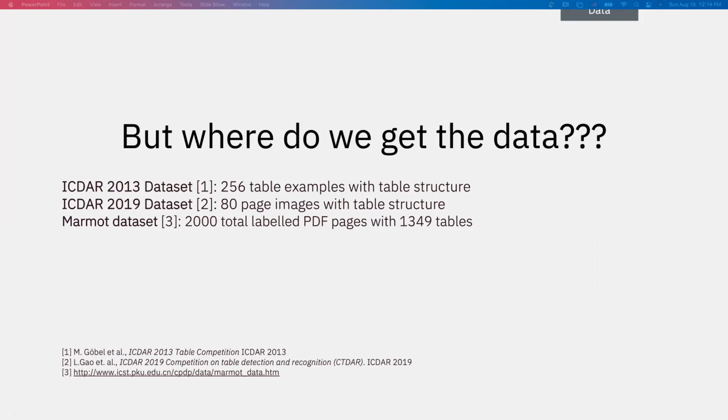When we started working on this problem, there were some data sets available like ICDAR 2013, ICDAR 2019, and then the Marmot data set. But first of all, each of those data sets is very, very small. The largest one has a couple of thousand tables. Clearly, they're not sufficient to train a deep neural network.